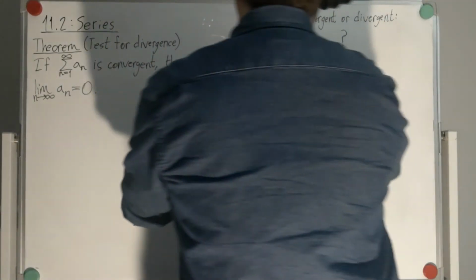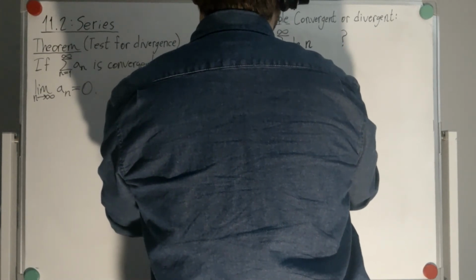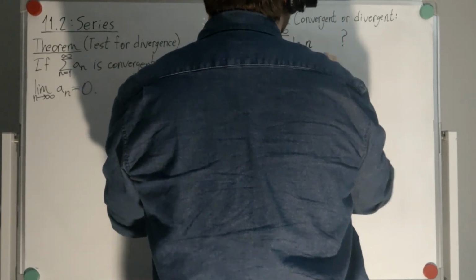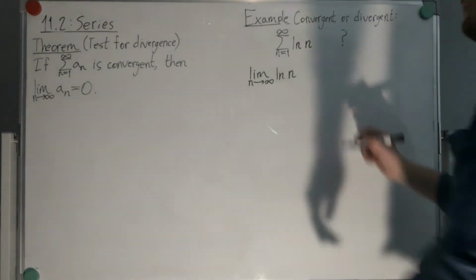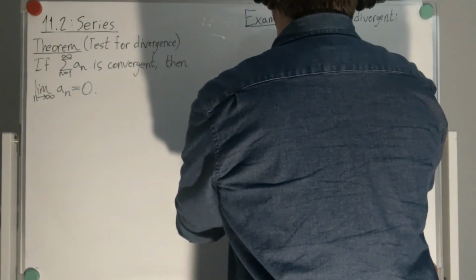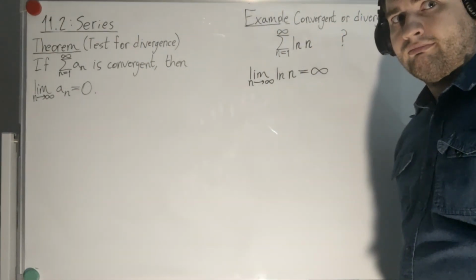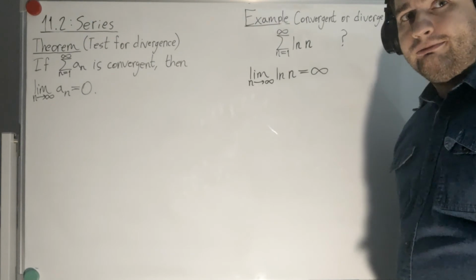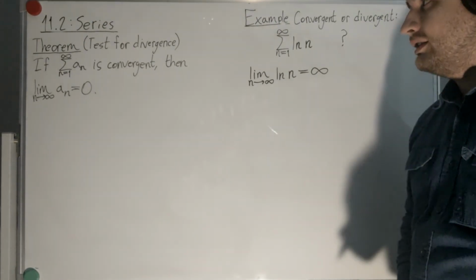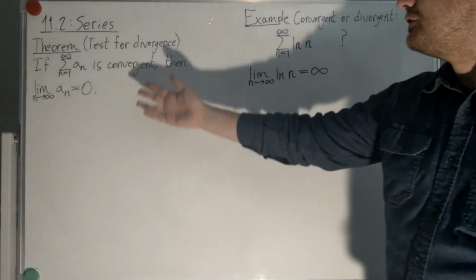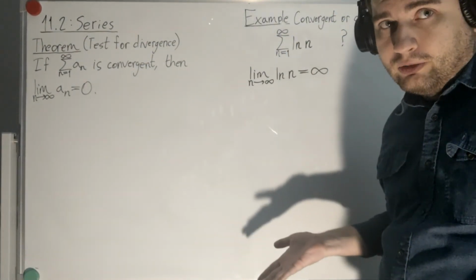Well, if you take the limit of the terms, the limit as n approaches infinity of ln n, that's infinity, right? And I'm pretty sure infinity is not the same thing as 0, right? So the test for divergence is saying if this were to be convergent, then the limit of its terms would have been 0.